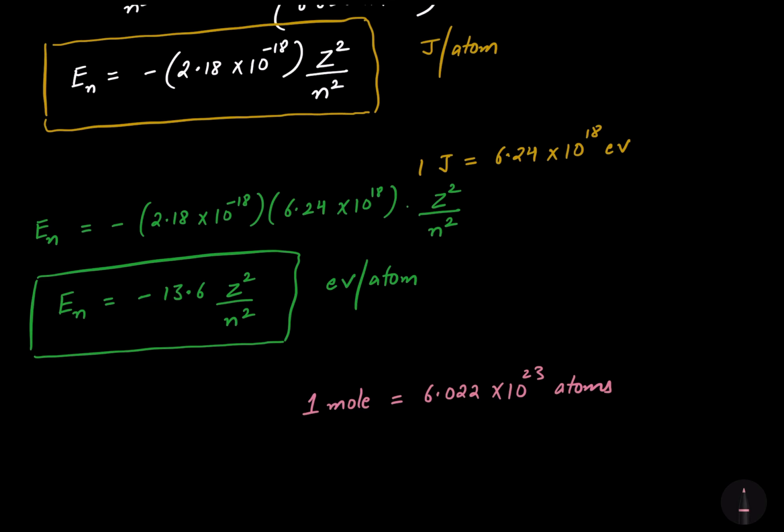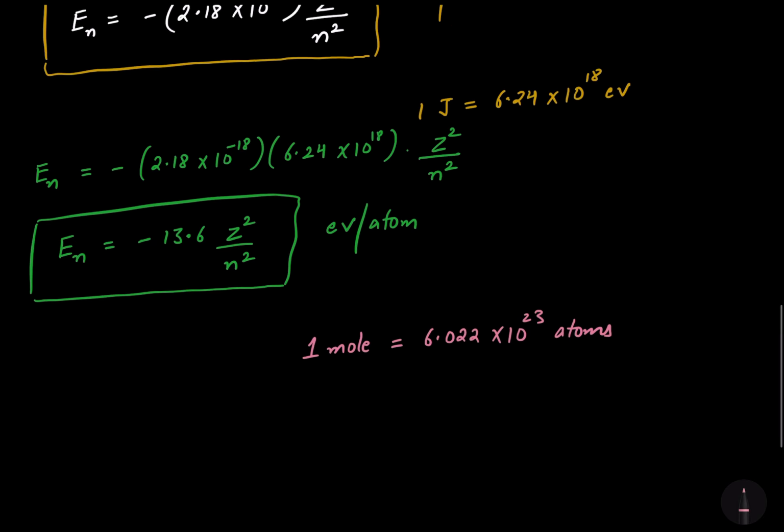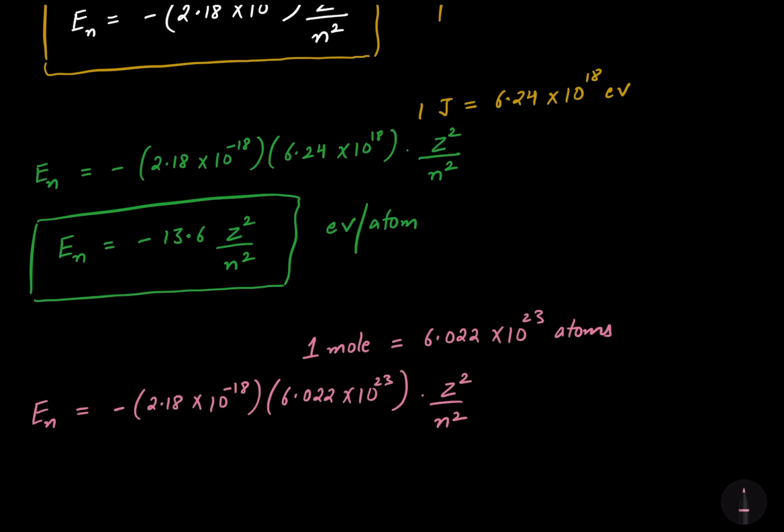So what I will do then, energy of electron in nth orbit is minus 2.18 into 10 to the power minus 18 into 6.022 into 10 to the power 23, that's Avogadro number, into Z square divided by n square.